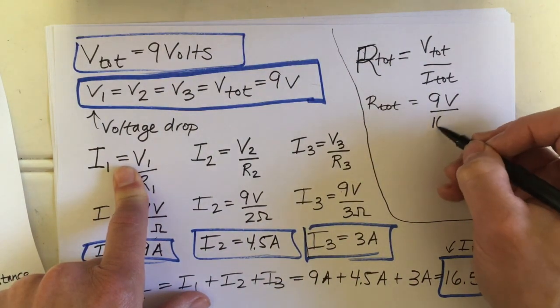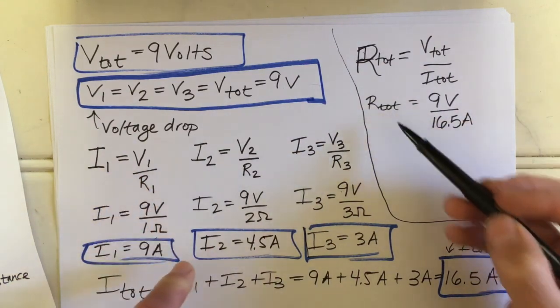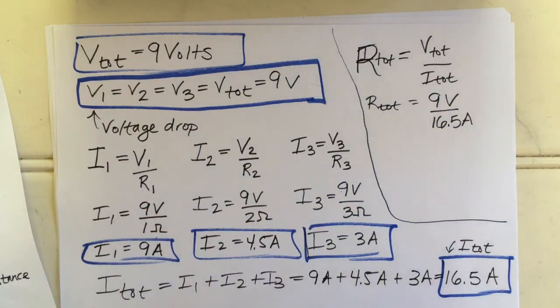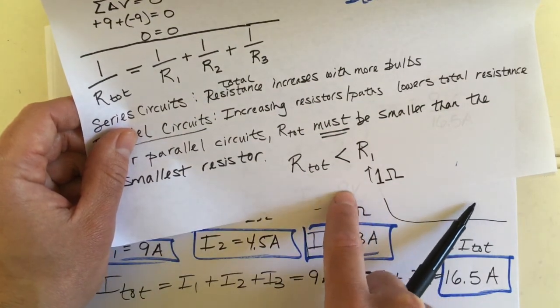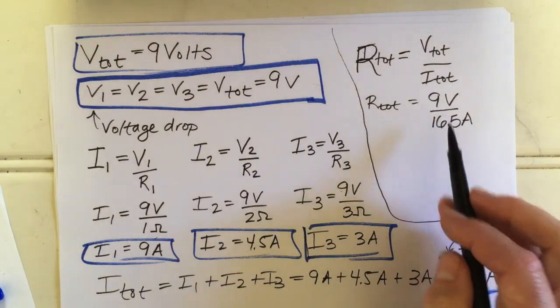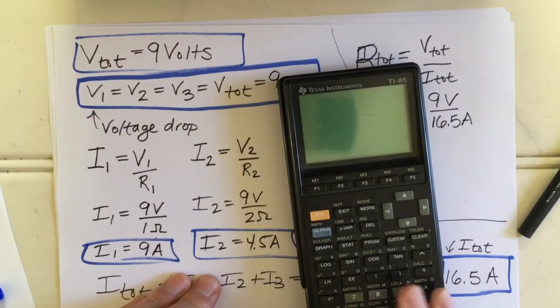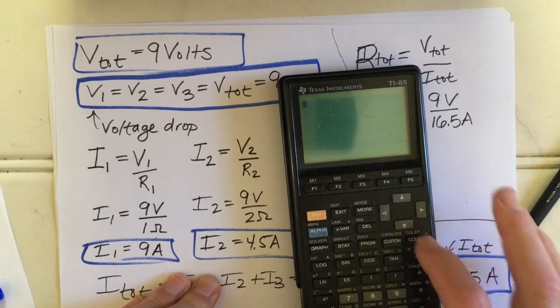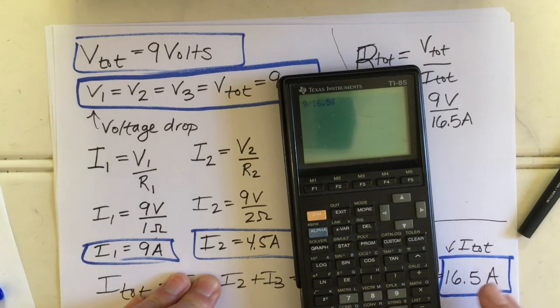And remember we stipulated something? We said that R total in parallel needs to be smaller than 1 ohm. Remember saying that, right? Okay, so is this going to be smaller than 1? 9 divided by 16.5? Yeah, heck yeah it is. Let's go ahead and crunch it real quick. So 9 divided by 16.5 is 0.545.